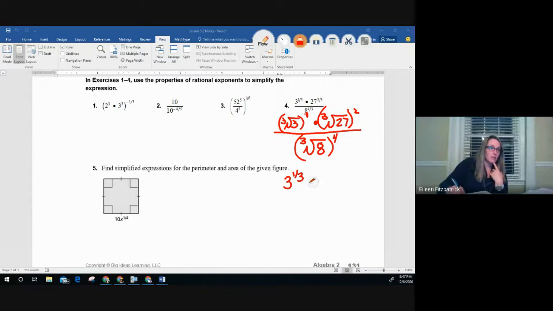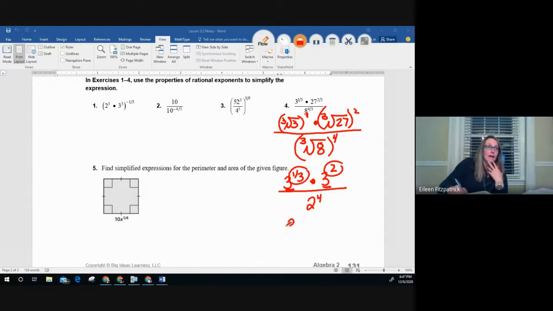And then the cube root of 27 is 3, so now I have 3 squared over the cube root of 8, which is a 2, right? 2 times 2 times 2. So that's 2 to the 4th. Now I have the same base up top, so I can add the exponents.